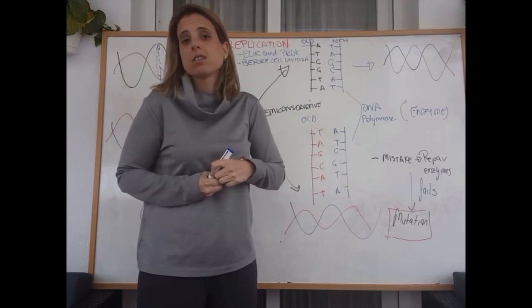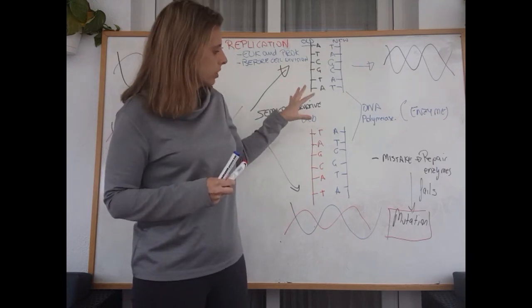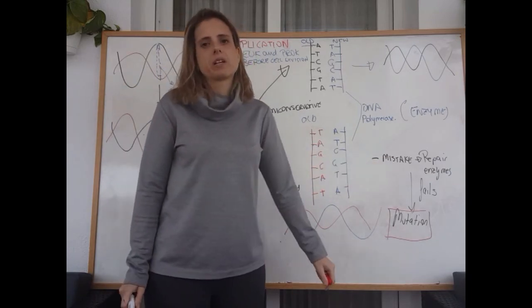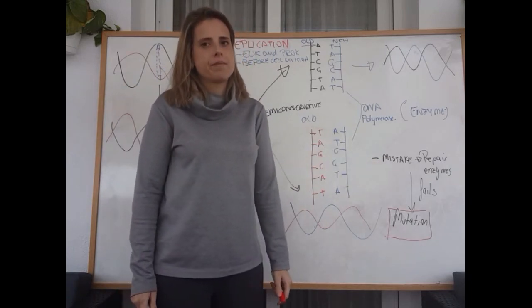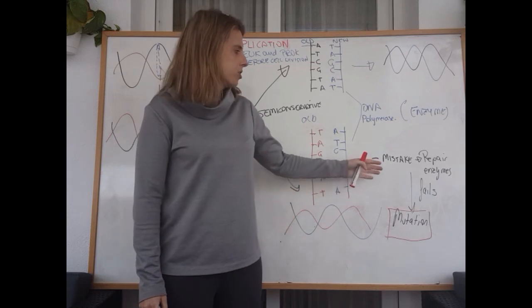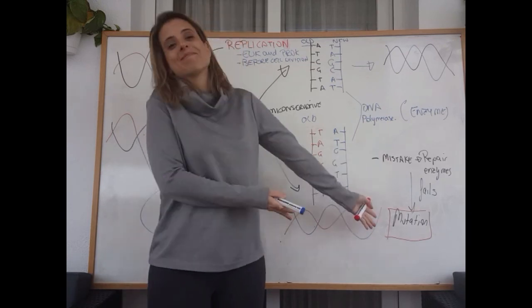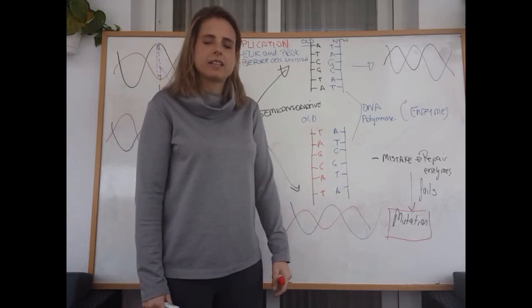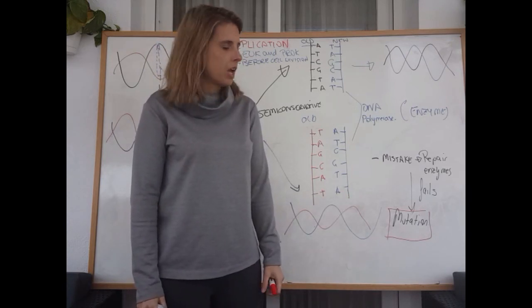Right? More or less understood how they work? Okay, even having these repair enzymes, we can have mistakes. So if this mistake happens, yeah, a mutation will occur during the replication process.